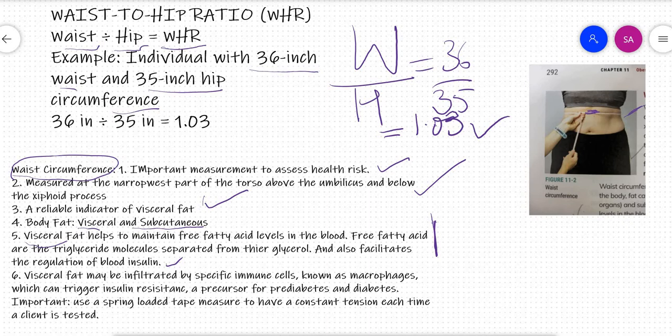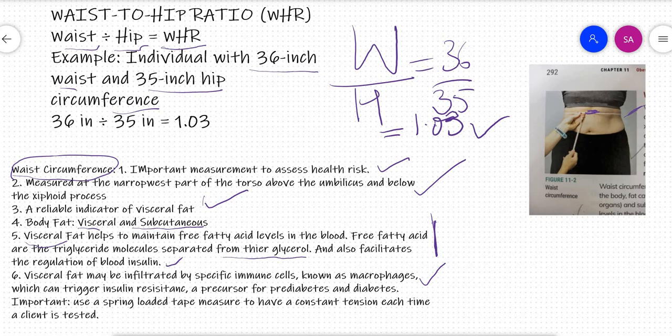What is free fatty acid? Free fatty acids are the triglyceride molecules separated from their glycerol. Visceral fat may be infiltrated by specific human cells known as macrophages, which can trigger insulin resistance, a precursor for prediabetes and diabetes.